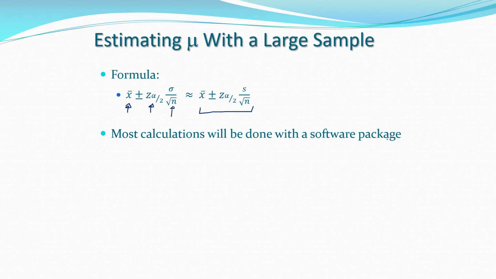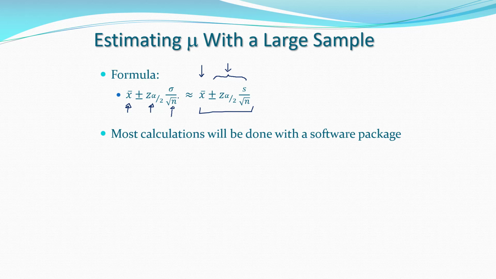Most calculations will be done by the software. Depends on the software how much calculation is going to be done. What Excel will do is it'll tell you what the sample mean is, and it'll tell you what this part here is, sometimes referred to as the margin of error. It'll give you that part for the level of confidence that you want. So when you ask Excel to do a confidence interval, it's going to ask what confidence level do you want?